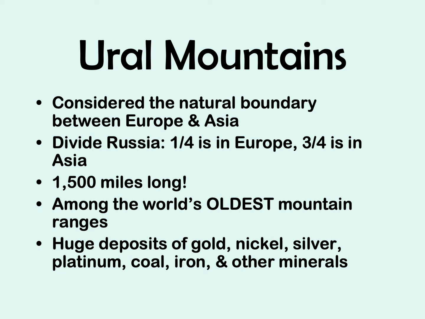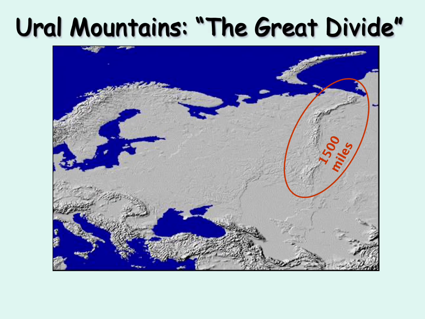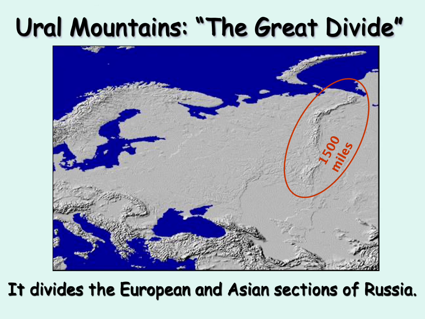Huge deposits of gold, nickel, silver, platinum, coal, iron, and other minerals are also found in these mountain ranges. So we see that the Ural Mountains are the Great Divide, and they divide the European and Asian sections of Russia. It's that natural physical boundary.